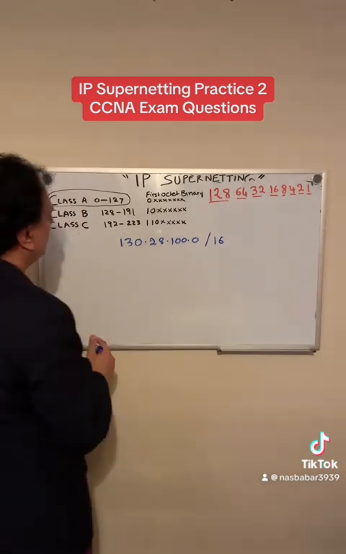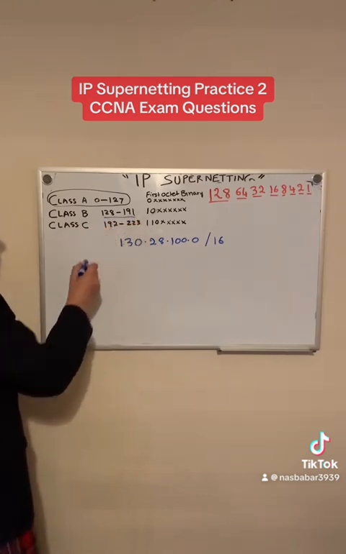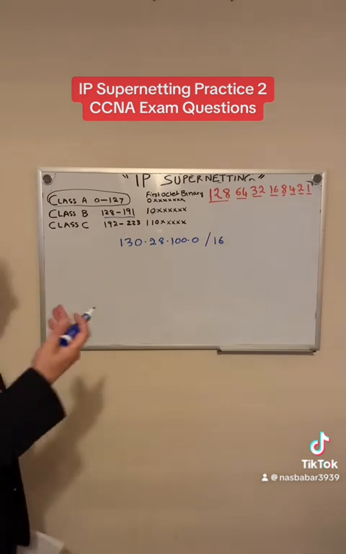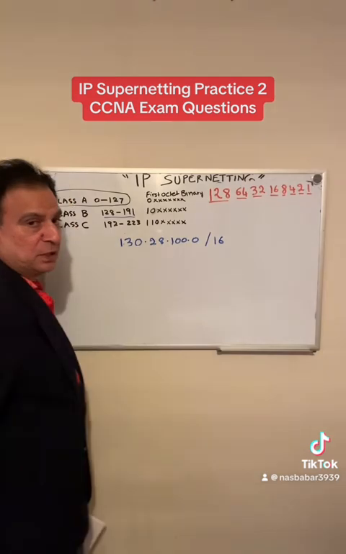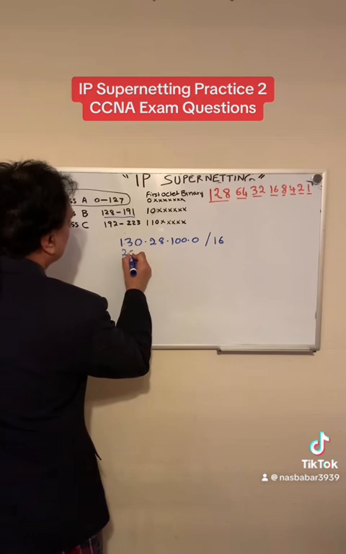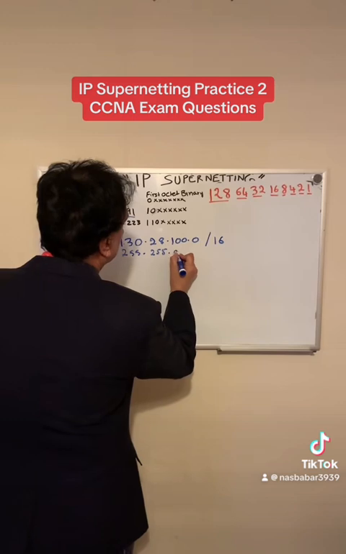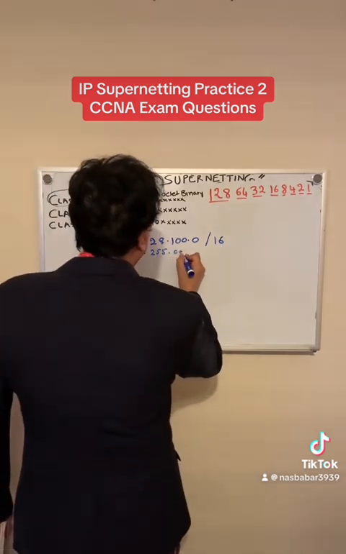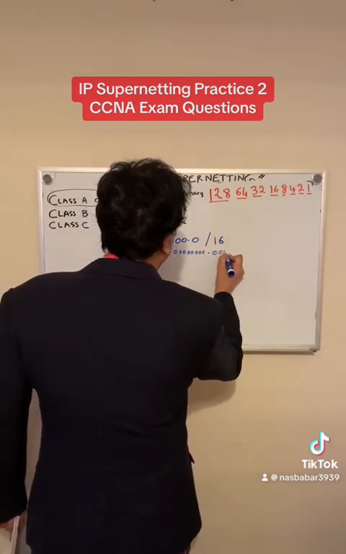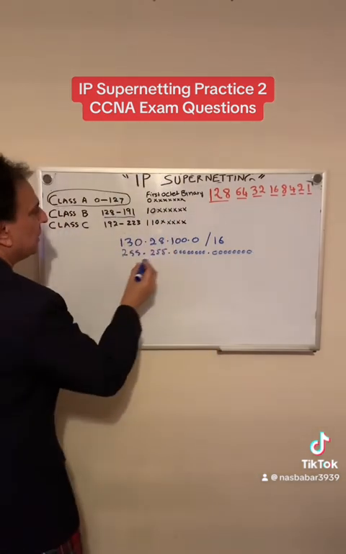we've got the 130.28.100.0 subnet. Looking at this, you can look at the range right here and say right away that this is going to be a class B address. It's basically right now /16, which is class B. So if I put the mask in decimal form, it's 255.255.0.0, so you have /16.